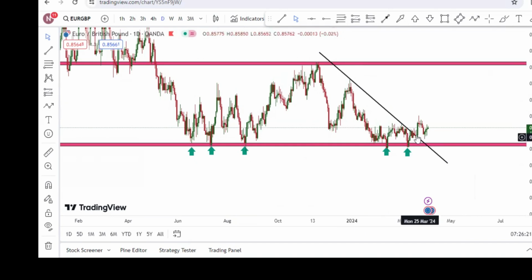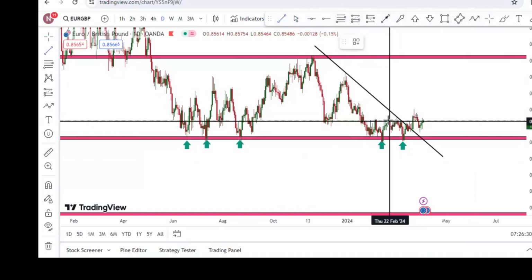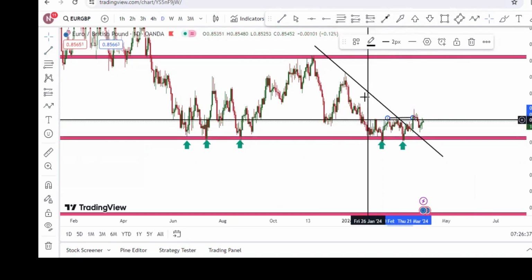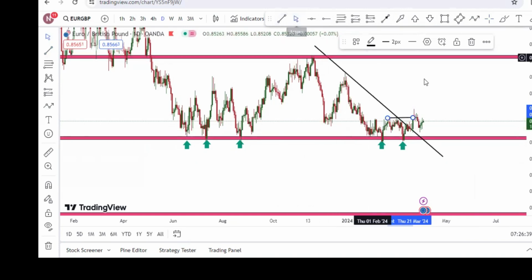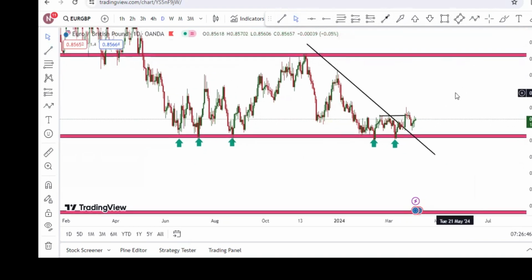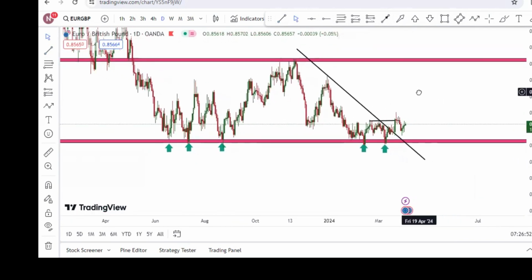The market broke this counter trend line to the upside, and you can see clearly a change of direction here. The market has broken to the outside. That shows that the market is now changing direction to bullish. So I'm already in this trade.